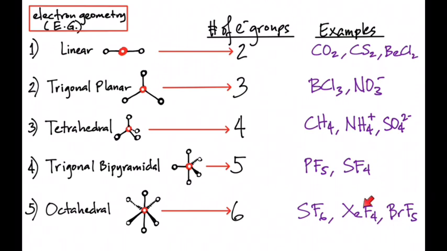For xenon tetrafluoride, it has 4 fluorine atoms single bonded to the xenon, which means that the xenon must have 2 lone pairs of electrons, which makes it a total of 6 electron groups. Same thing for bromine pentafluoride. The bromine atom, which is a central atom, must have a lone pair of electrons.